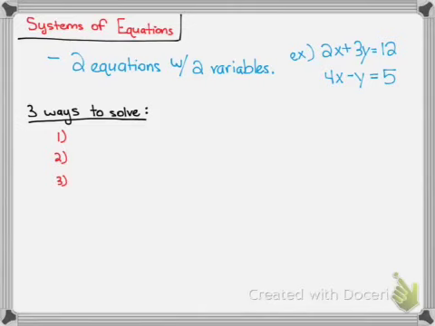There are three different ways that we have to solve systems of equations. The first way is graphically. So we can graph the system. That is one way to solve. The second way to solve is by substitution. And then the last way is by elimination.